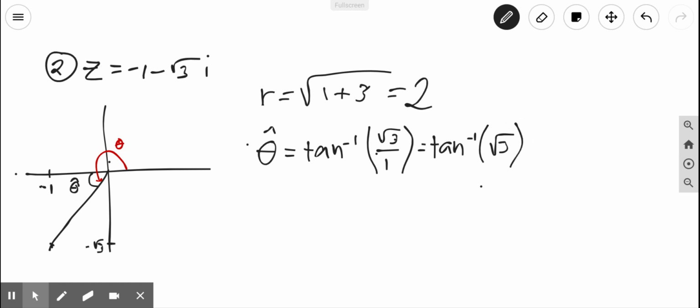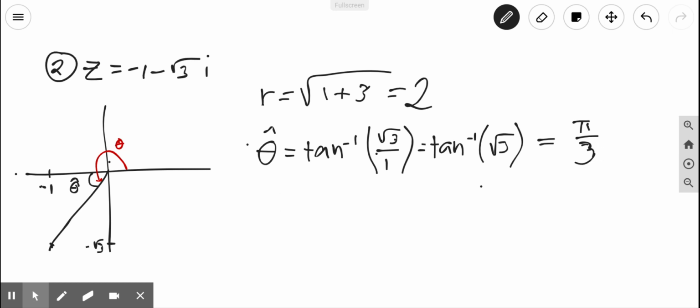I'm just going to go ahead and use my calculator at this point. We have calculators, we might as well use them. The inverse tangent of the square root of 3. I get pi over 3. I'm going to do this one in radians. All right, so again, this is theta hat.